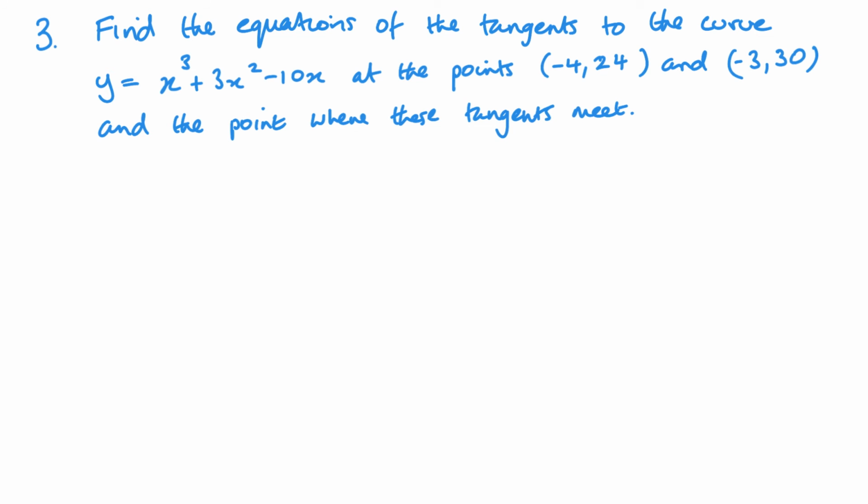Okay, question 3, we are finding tangents to the curve at 2 points. So let's take the curve and differentiate it first. 3x squared plus 6x minus 10.